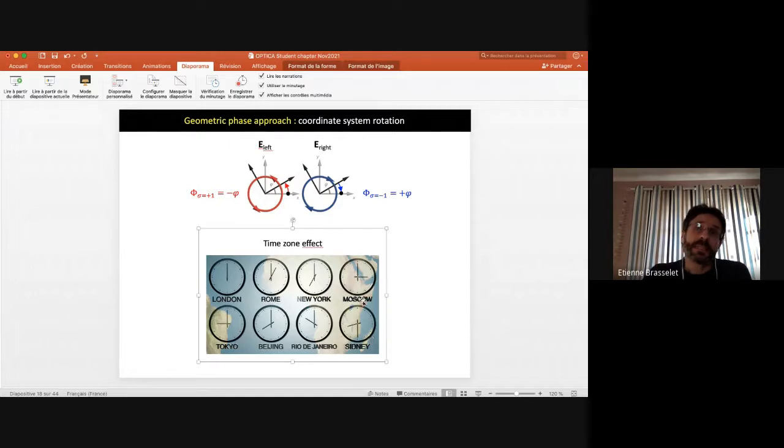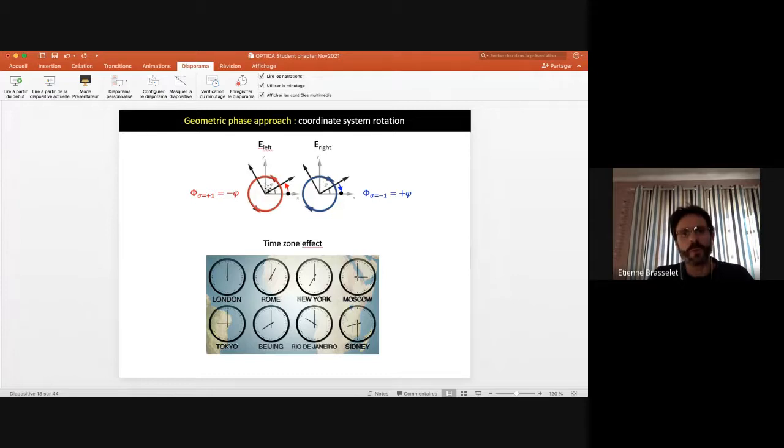The idea is that if you do not want to suffer from chromatic effects, you do not want to depend on propagation effects. So the idea here is to exploit something that does not depend on propagation through a structure, but on the structure itself, the material itself, so its geometry. To understand that you can do such a job, here is a qualitative slide. The idea is simply to consider the right-handed and the left-handed circular polarization states, shown by the two colors here, red and blue, and to consider a local rotation of the spatial coordinates.